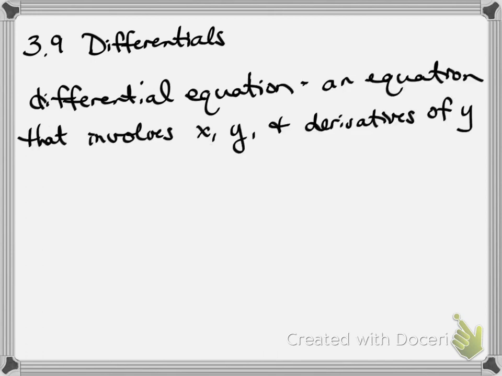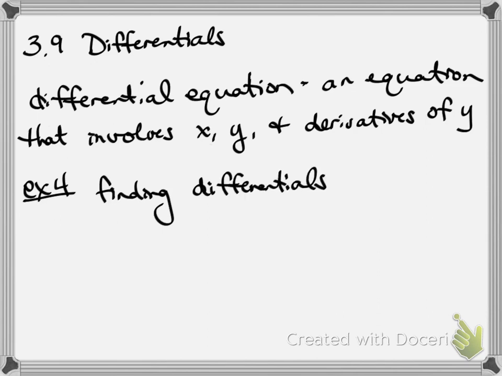So a differential equation is an equation that involves x, y, and derivatives of y. And this is going to feel like cheating, but we're going to be picking up with example 4, finding differentials. So if we have y equals x squared, so this is the function.